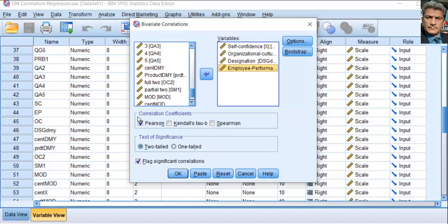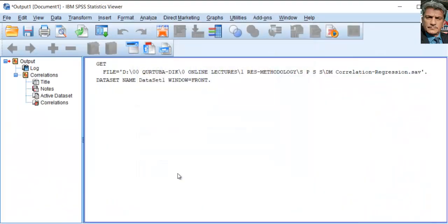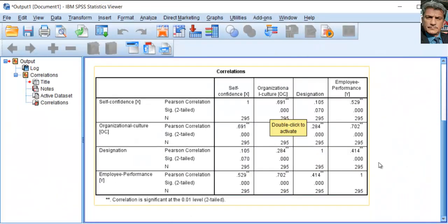The Pearson correlation option is already clicked, so we keep it as it is and go for getting the results. Here is the output of correlation analysis, the table which gives us all the information about the existence of association, weight of the association, as well as the direction of the association.